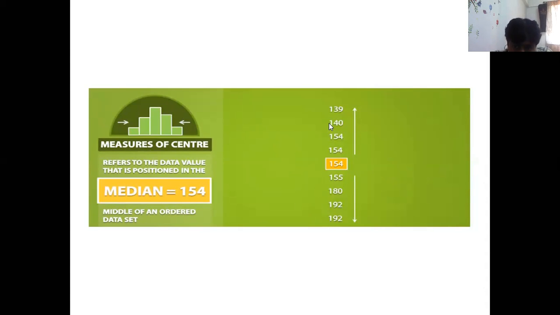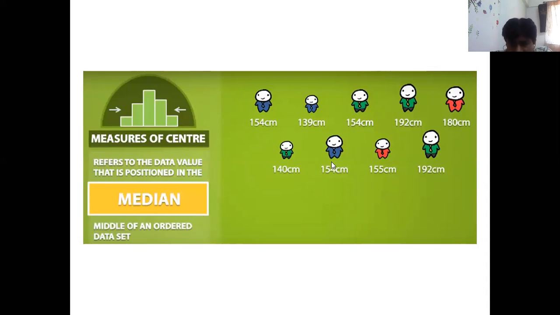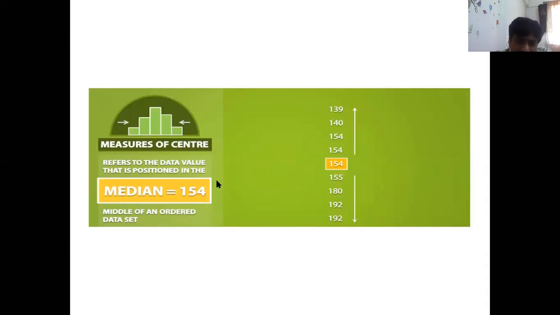These are the total 9 data samples, kept in ascending order because median refers to the data value positioned in the middle. So total 9, the 5th is the middle value, and this middle value is 154. That is, the median is 154.